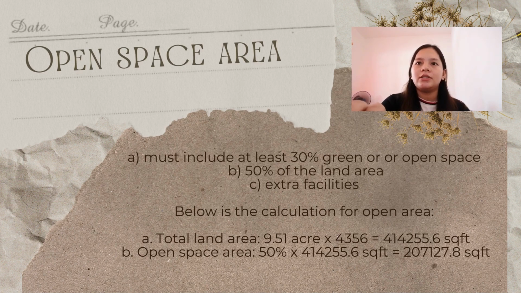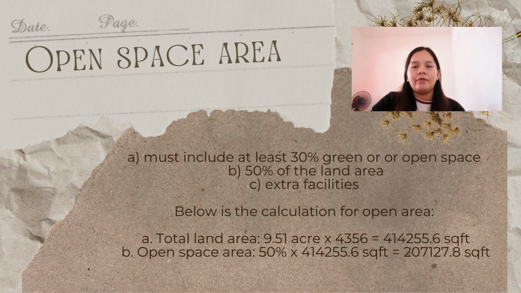So first of all is total land area. 9.51 acre multiply with 4,356. So the total of this land area is 4,255.6 square feet.